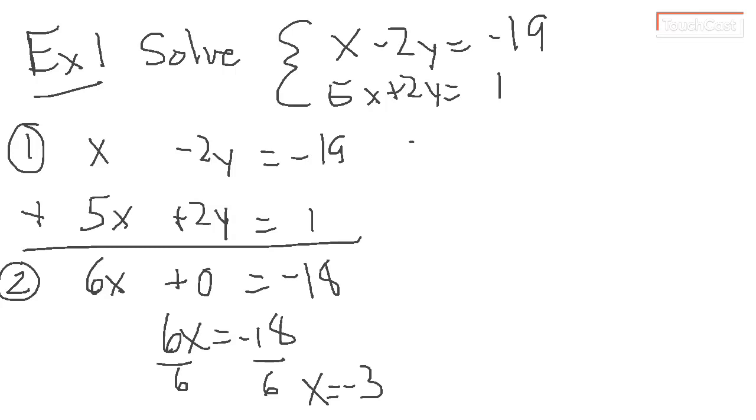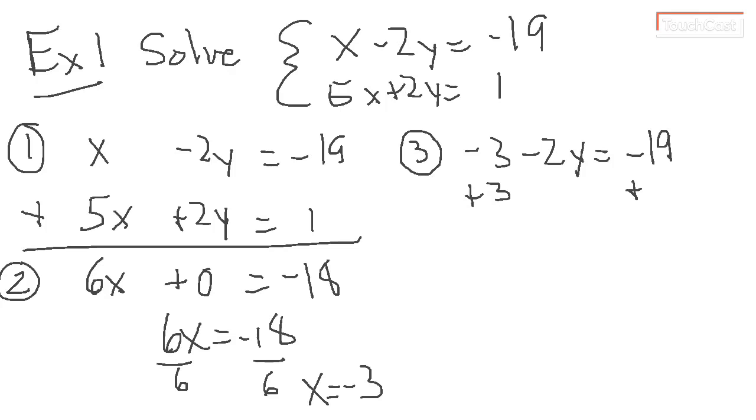Step 3, we're going to go to one of the original equations and plug the number we just got in step 2 and solve for the other variable. So I'm actually going to pick the top one. You could totally pick the second equation and it'll give you the same answer. So I'm going to go negative 3 minus 2y equals negative 19. I'm going to add 3 because I'm trying to solve for y.